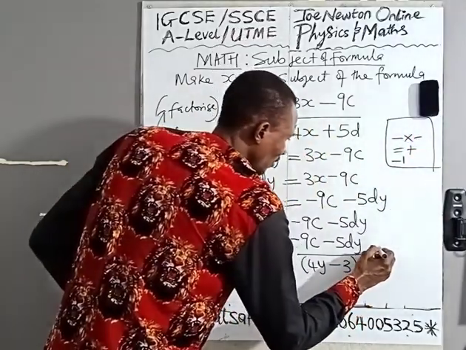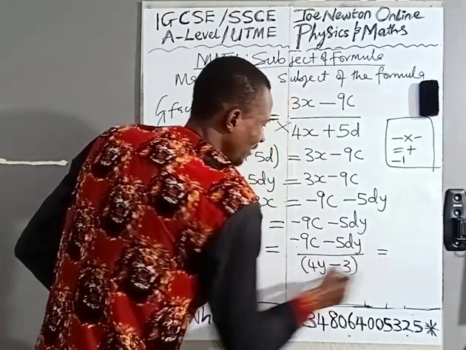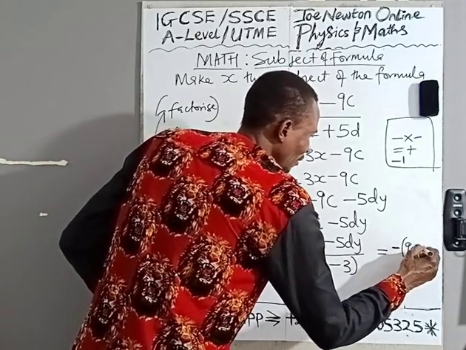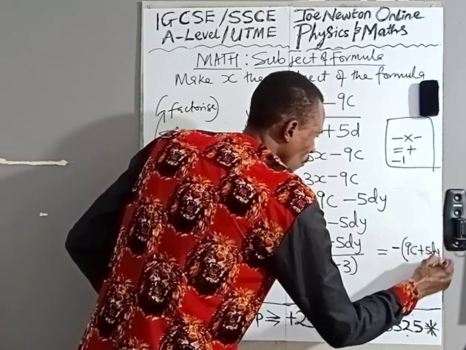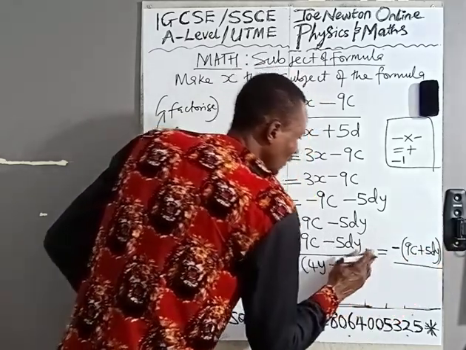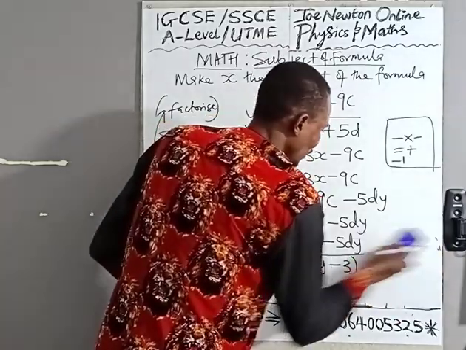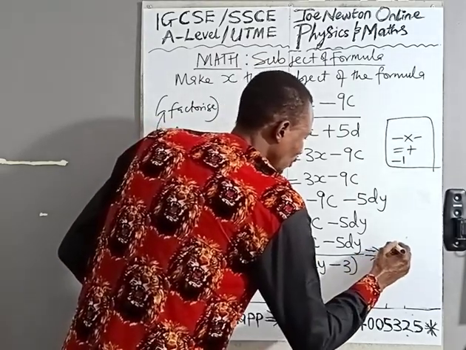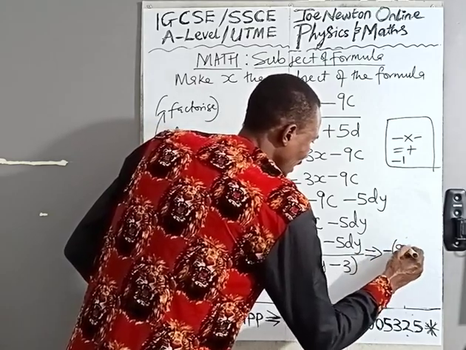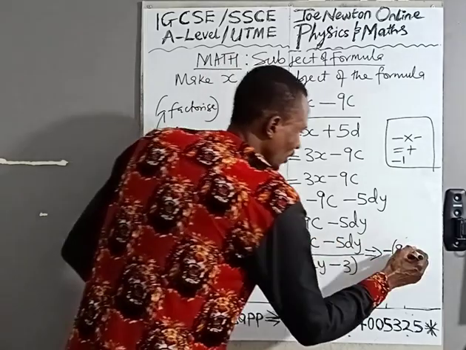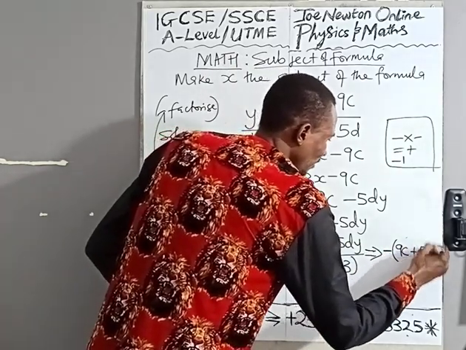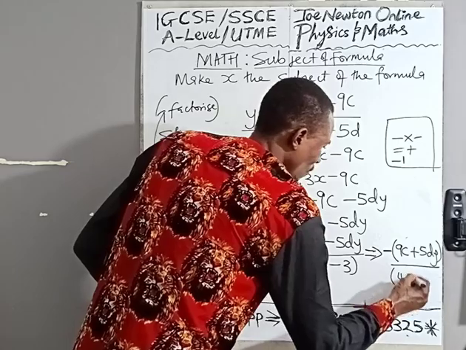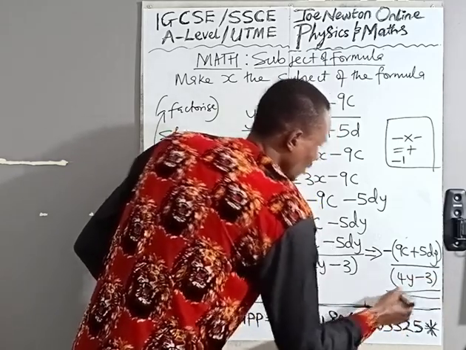So that will give us, finally, minus bracket 9c plus 5dy all over bracket 4y minus 3. Let me write it boldly, what we have finally. So finally we have minus bracket open 9c plus 5dy all over bracket 4y minus 3. So that is our final answer.